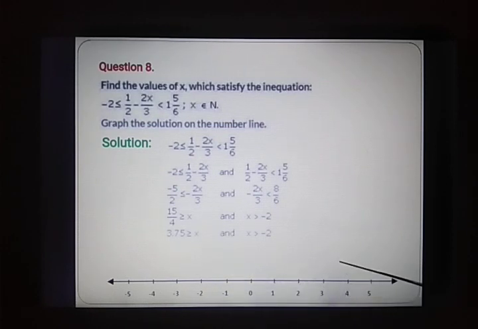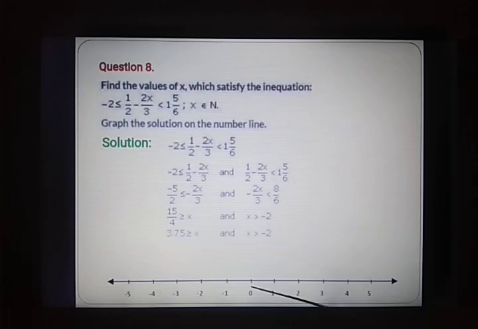So we are going to see the numbers which are in between this and this, because x is a natural number. So this cannot be a natural number, and here we don't have an equal to sign also, so we cannot take this. Now we cannot take this as well, because minus 1 is also not a natural number, right?